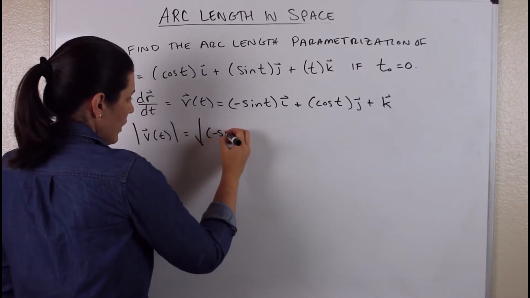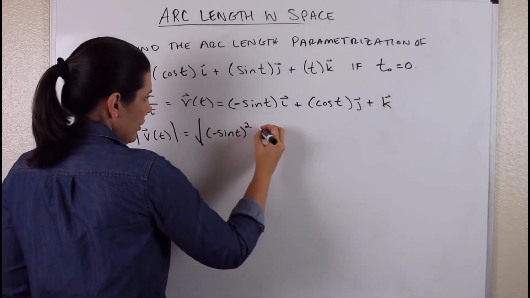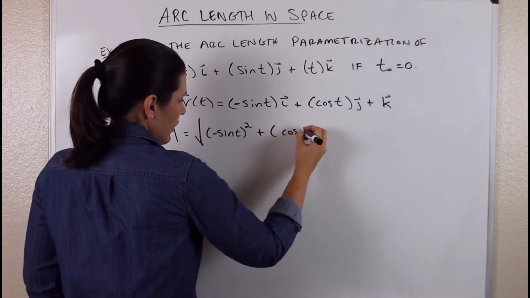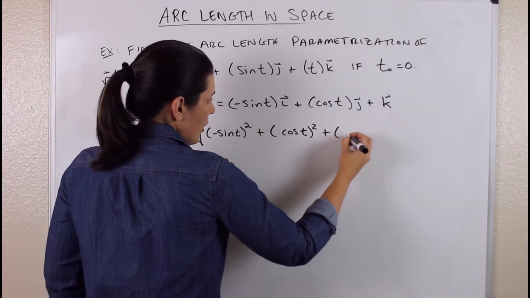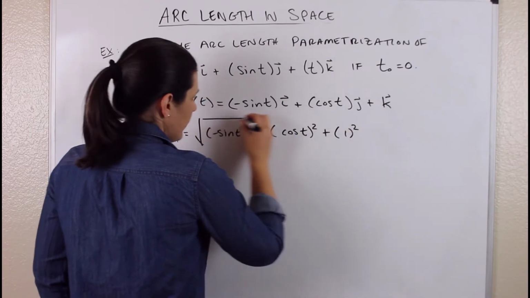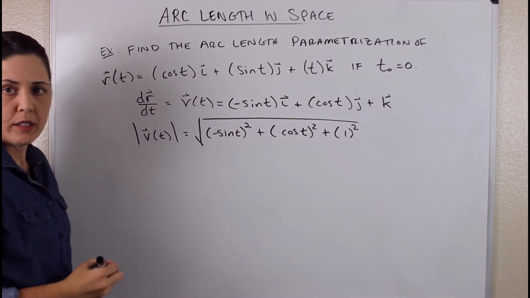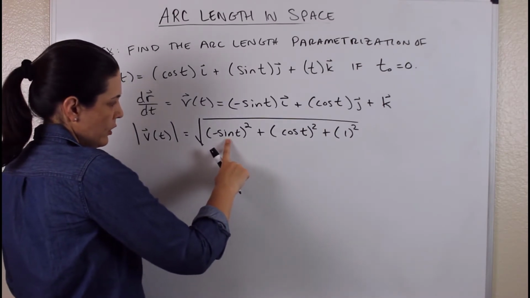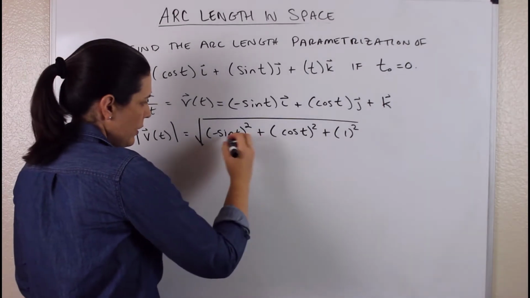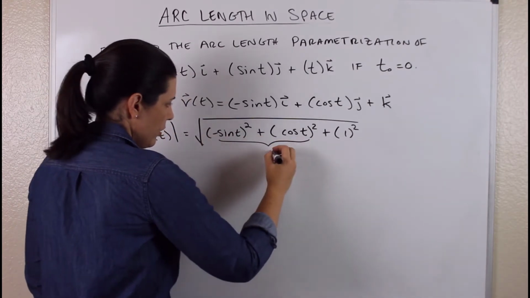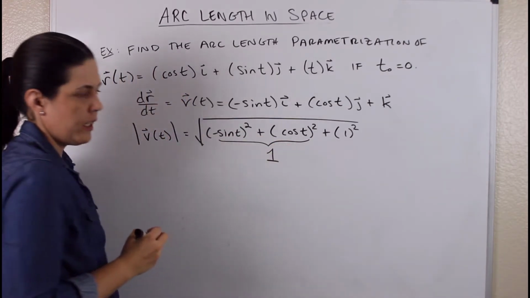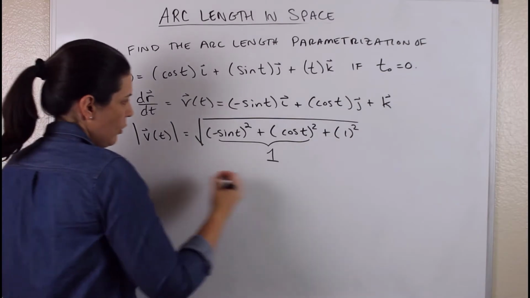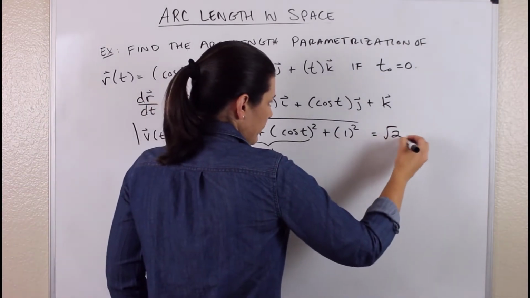So negative sine t squared plus cosine t squared plus 1 squared. And let's go ahead and simplify this before we integrate it. This is going to be sine squared t plus cosine squared t. So that might look familiar. That is your Pythagorean identity. So that's just 1. So this whole quantity is actually just square root 2.